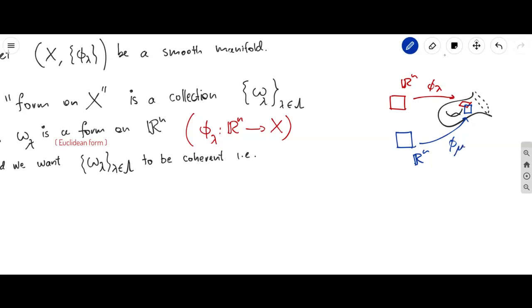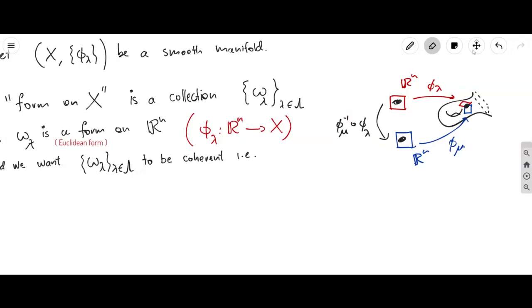This is phi mu, and they happen to intersect somehow. And that's the piece on which they intersect. Then this is what we call change of coordinates. This is phi lambda composed phi mu inverse. And we need to understand that this composition is no longer a mapping from Rn to Rn. It rather is a mapping from an open subset of Rn to an open subset of Rn. But this is what that composition is.